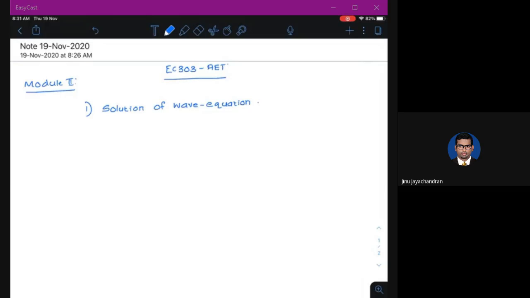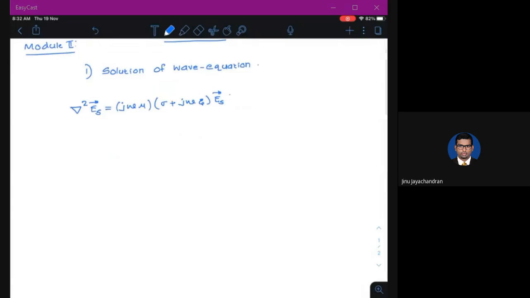Fine. So let's start with the point form or phasor form of our wave equation which we derived. This is del square Es is equal to j omega mu into sigma plus j omega epsilon Es. So this is the wave equation that we derived in the phasor form two classes before.